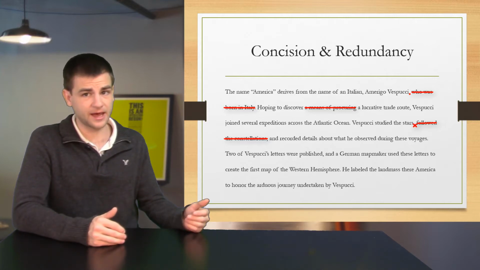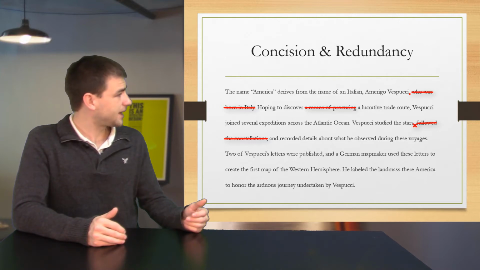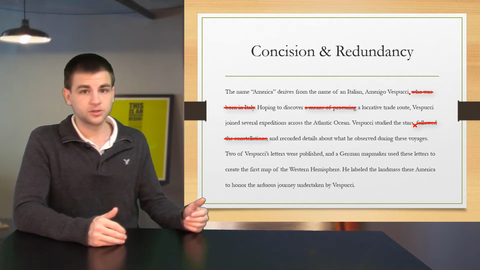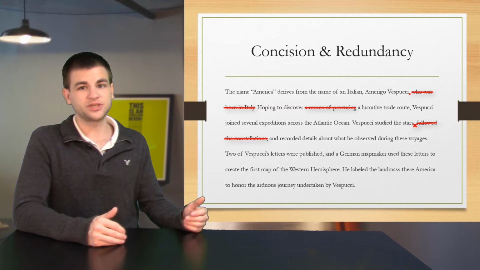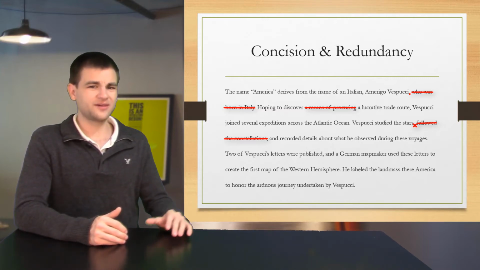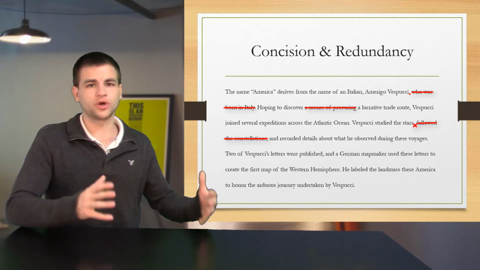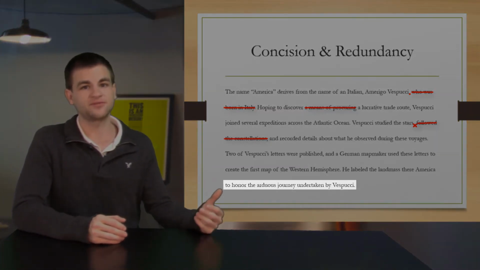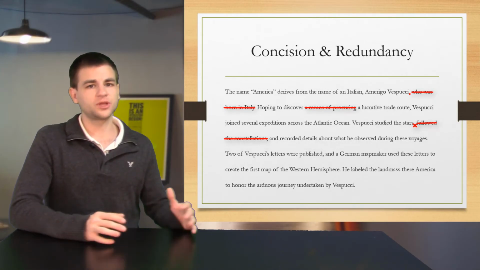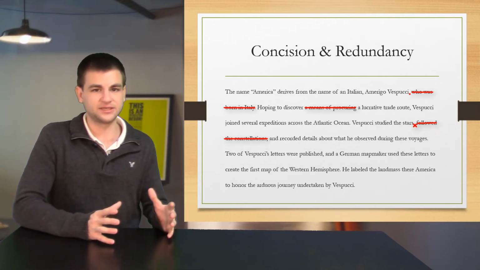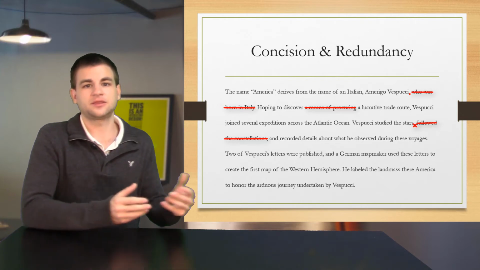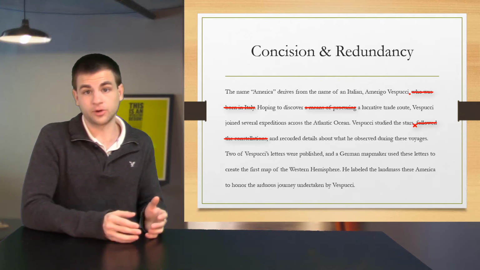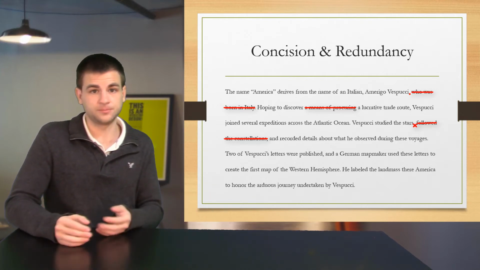And finally, we have, he labeled the landmass there America to honor the arduous journey undertaken by Vespucci. Again, we have this excessively wordy phrase, to honor the arduous journey undertaken by Vespucci. Really, we want to boil it down again to the basic idea that the mapmaker is honoring Amerigo Vespucci.